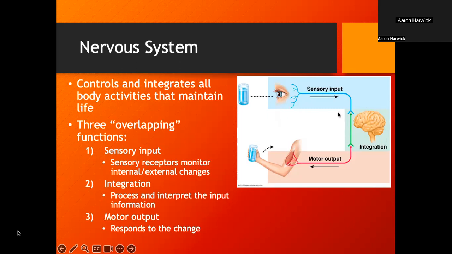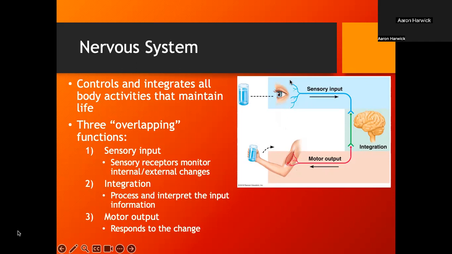Within the brain, in the central nervous system, there's the integration process where we are processing and interpreting this input information. And then we send out a signal to the motor system, motor output, basically responding to that change.